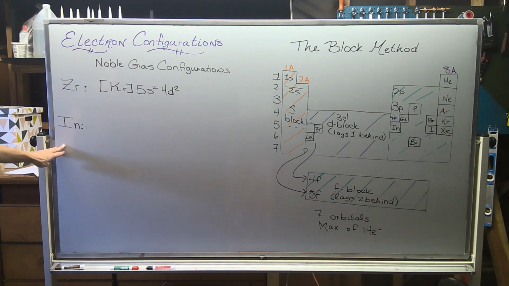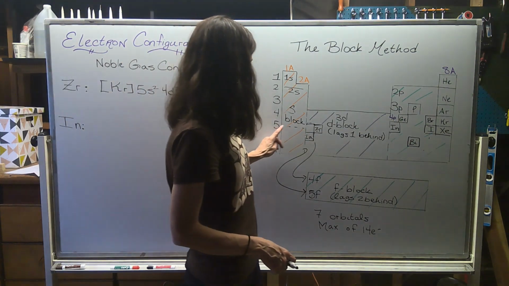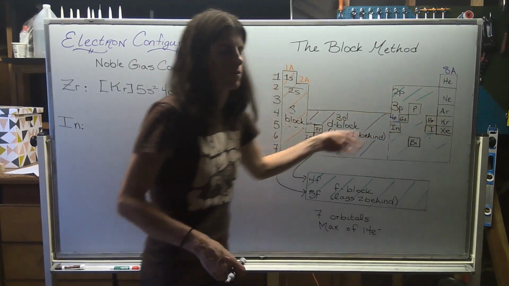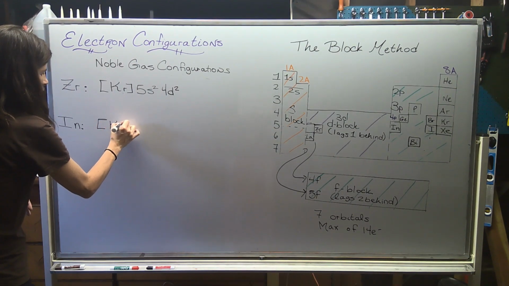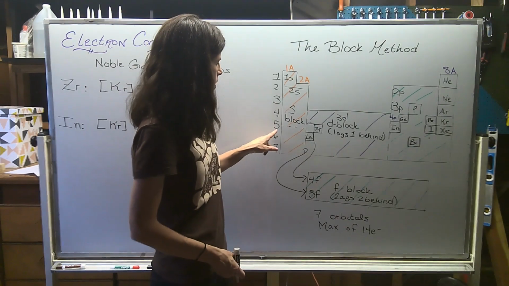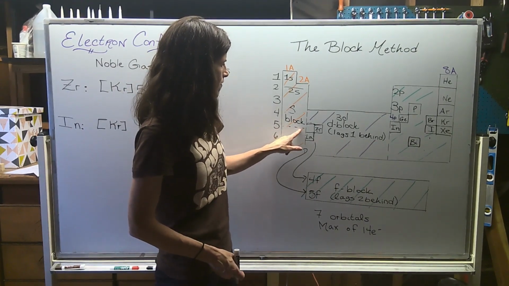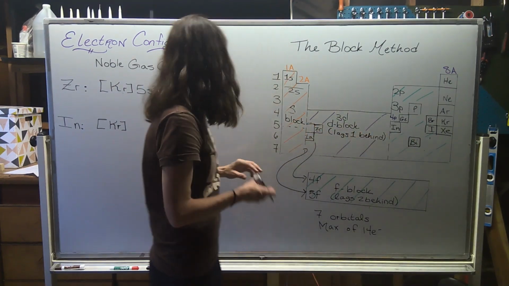Indium is also in the 5th row of the periodic table, and we'll use the same noble gas thing. We'll use the krypton again. So 5s1, 5s2, and then we need that whole D block.